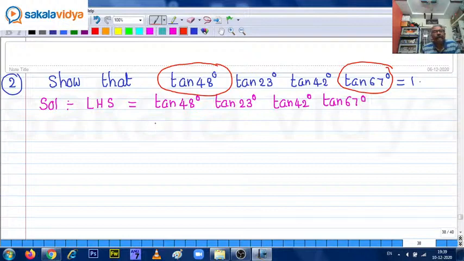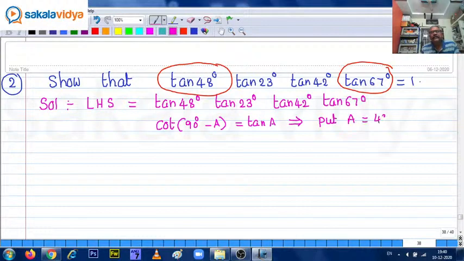See, we have like this. Cot of 90 degrees minus A equals tan A. Use this formula. So now put A equals 48 degrees first.